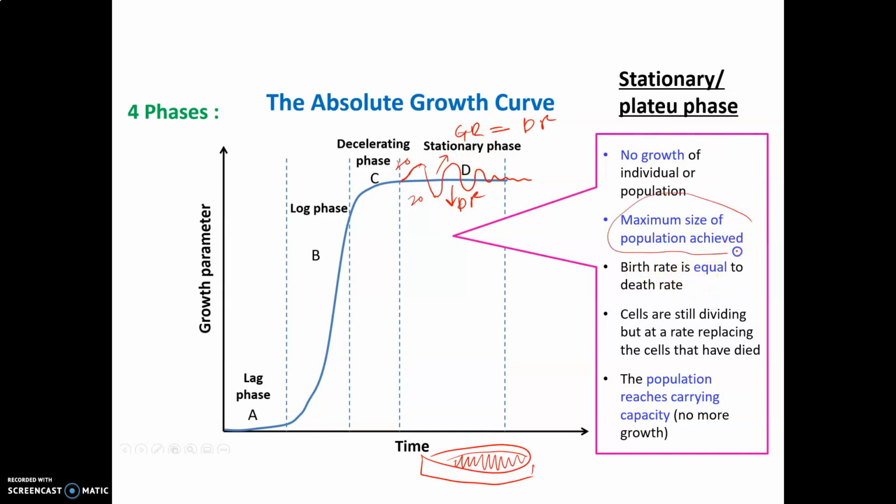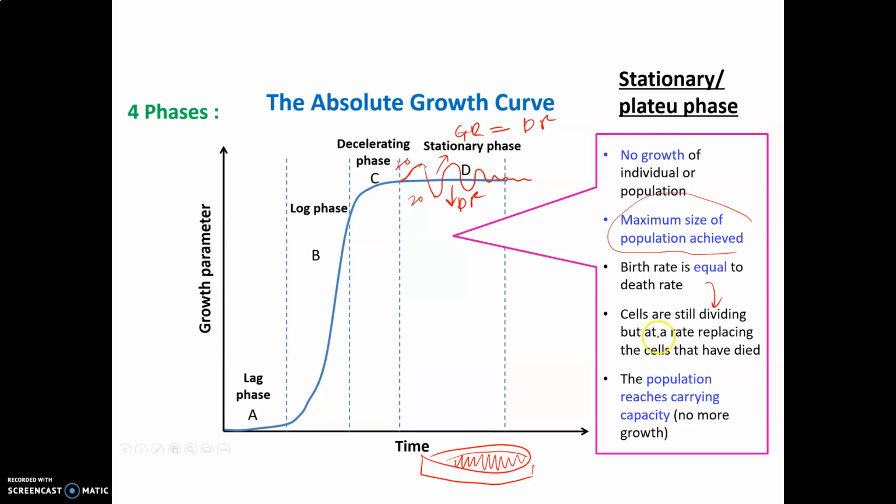Maximum size of the population has been achieved. Okay, the cell are still dividing tetapi at the rate of replacing the cells that have died. Ini yang dikatakan birth rate is equal to the death rate. And then what can we say ialah this population of bacteria, dia telah reach the what we call carrying capacity. Carrying capacity ni adalah kebolehan for the population to be accommodated at one time.